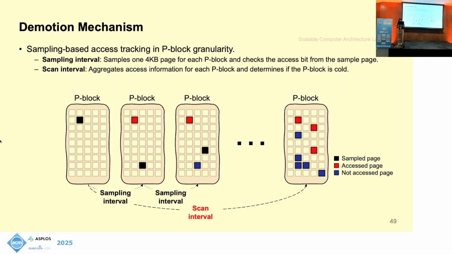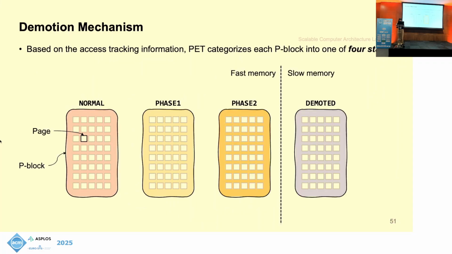The scan interval is several times greater than the sampling interval. For each scanning interval, PET aggregates access information for each P block and determines if the P block is cold. We define the cold P block as the P block with no access detected during the scanning interval.